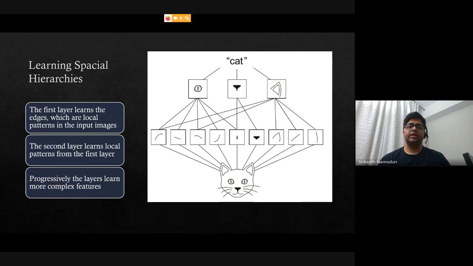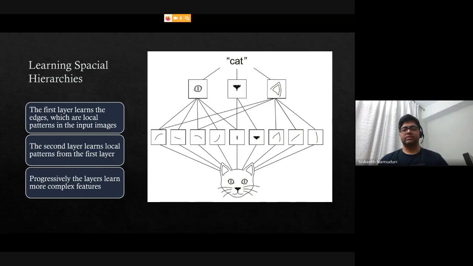Those who are familiar with image processing must be familiar with applying different filters to images. Some filters help you identify edges, and some help you identify the boundaries and corners and things like that. So in layer one, you identify very basic geometric shapes, and then the next layer is trying to put some of these things together.